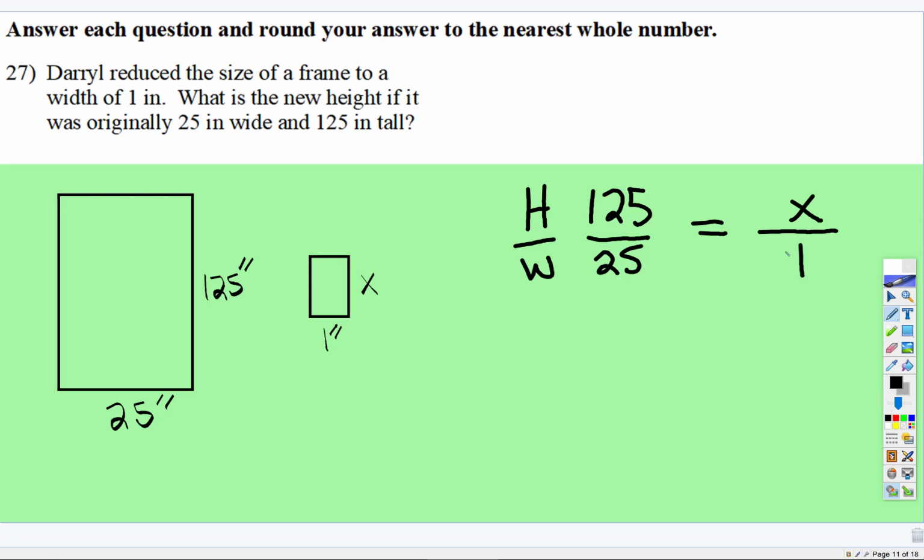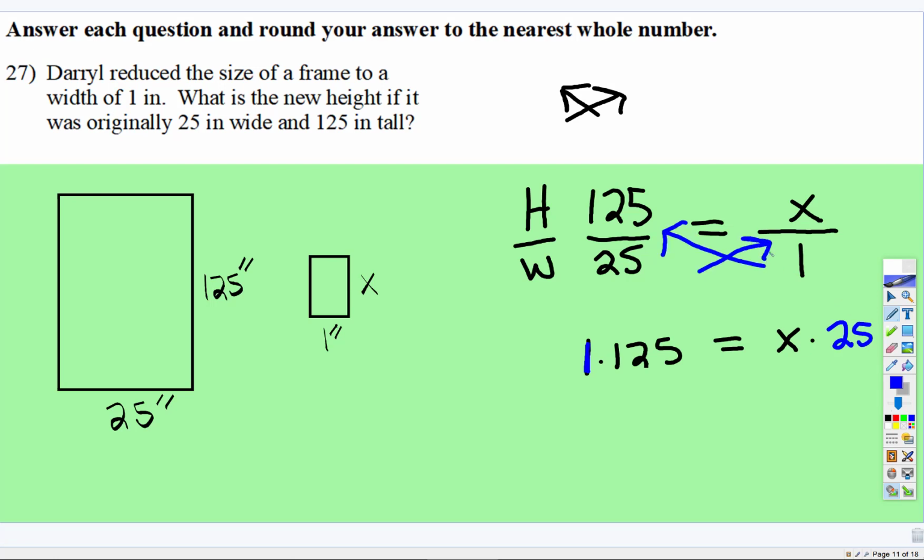Remember what we did for proportionality? We cross multiplied. So we're going to multiply 1 times 125 is equal to x times 25, because we're going to cross multiply to keep things proportional.